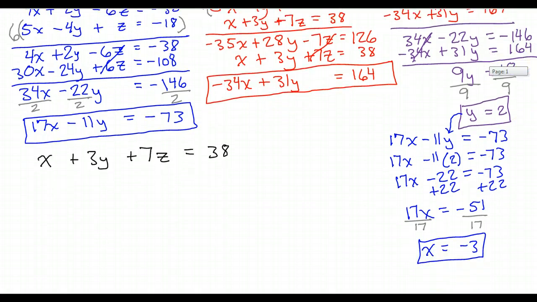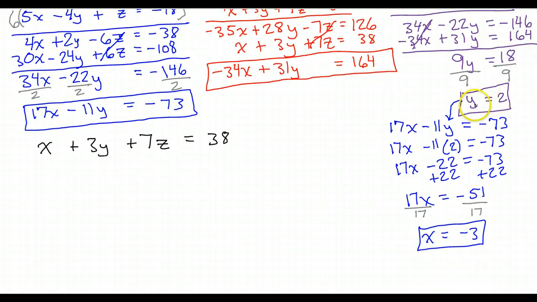But now I know what y and x are. So I'm going to substitute both of those in. So this is going to become negative 3 plus 3 times 2, because the y value is 2, plus 7z is equal to 38.